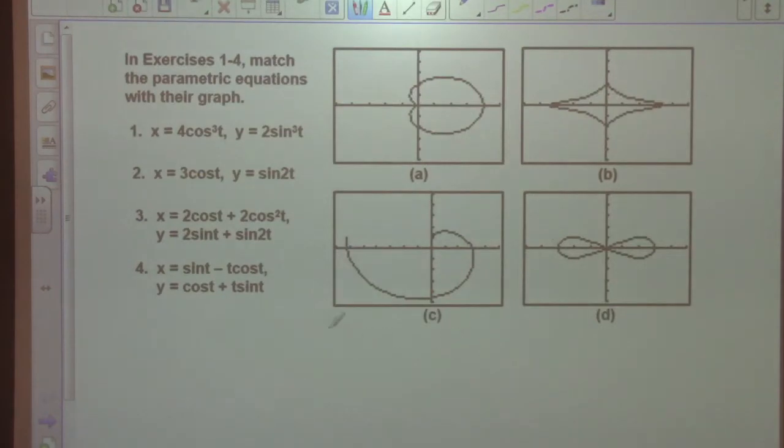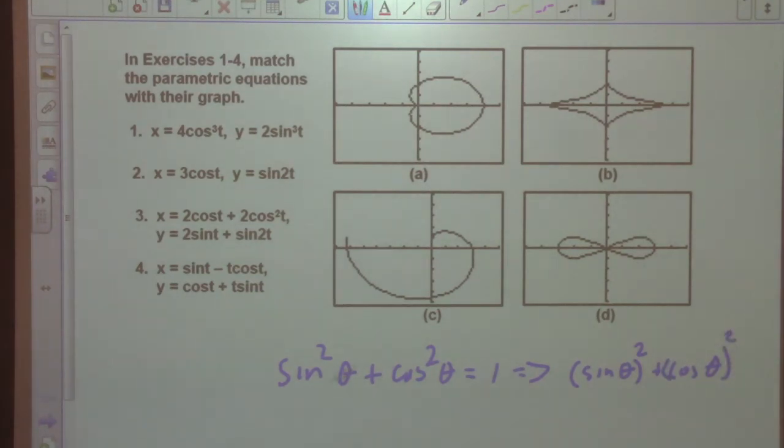Let me show you what that is, because that's actually a good question. It has to do with the specifics of notation. Do you remember the Pythagorean identity? Sine squared theta plus cosine squared theta equals 1. What that really means is sine theta squared plus cosine theta squared.